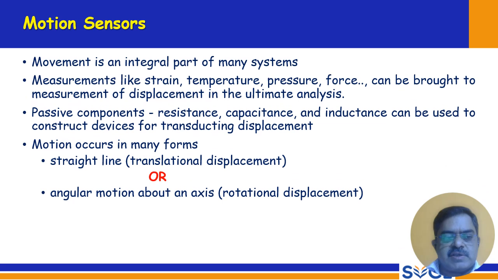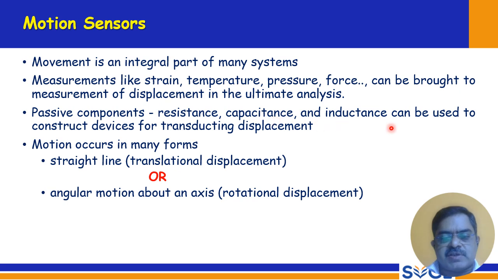Motion sensors, a movement is an integral part of many systems. So movement or displacement we can find in almost all objects. Measurements like strain, temperature, pressure, force can be brought to measurement of displacement in the ultimate analysis. Passive components, these are the building blocks of electrical systems.